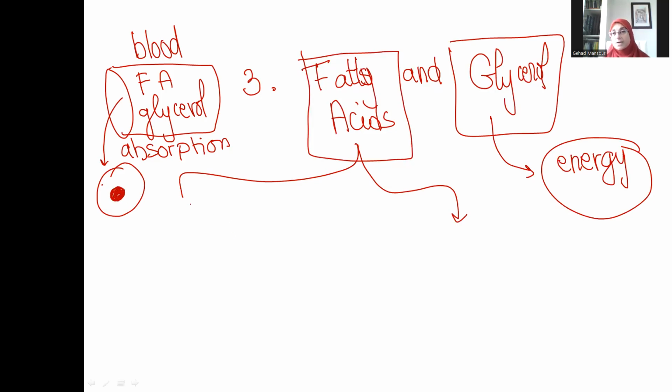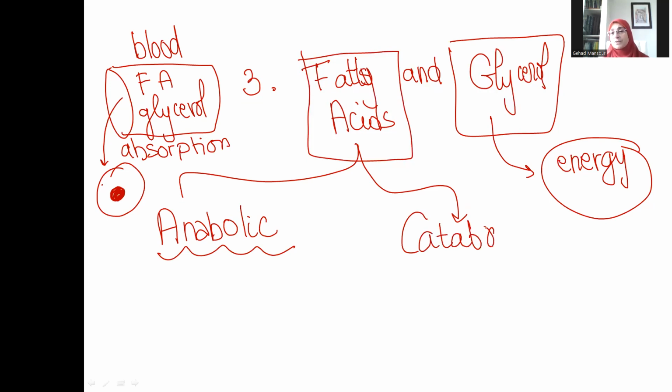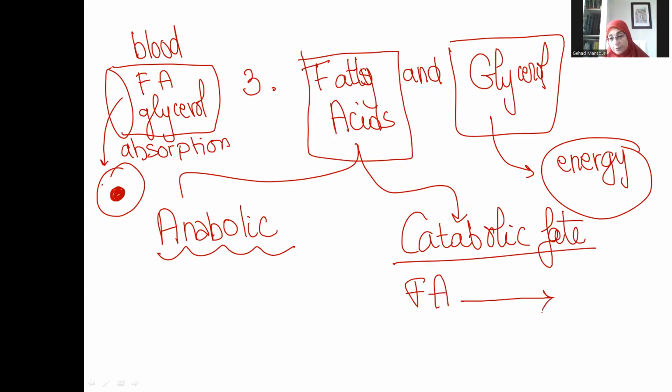Just like any other soluble product of digestion, it can undergo an anabolic process, a building up fate, or a catabolic fate. We have just mentioned the catabolic fate, and we said that fatty acids can be broken down in order to give energy, just like glucose, and the side products, carbon dioxide and water, are produced.